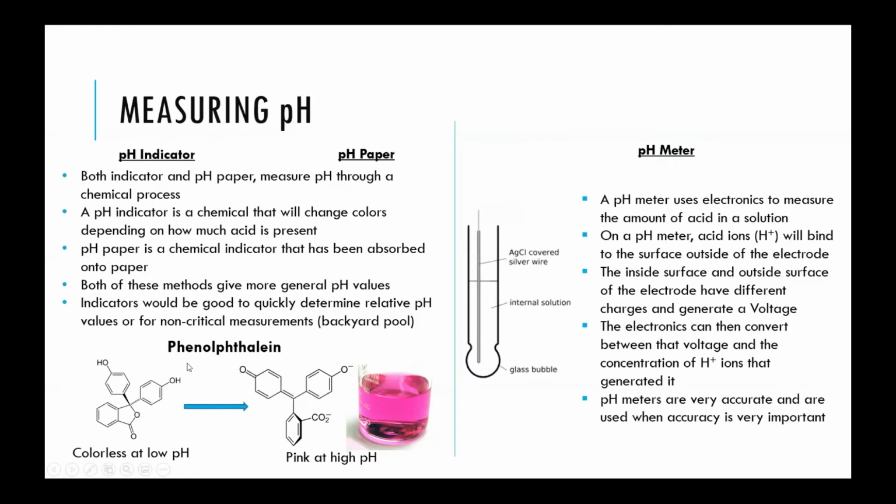In this example, this is the indicator phenolphthalein. At a low pH, which is an acidic solution, this is the structure, and there is no color associated with it. It's a colorless solution.